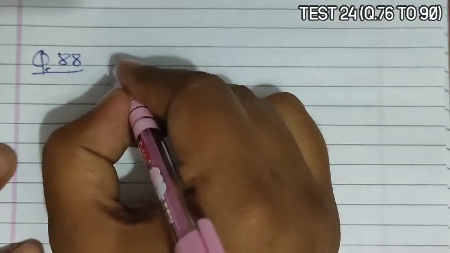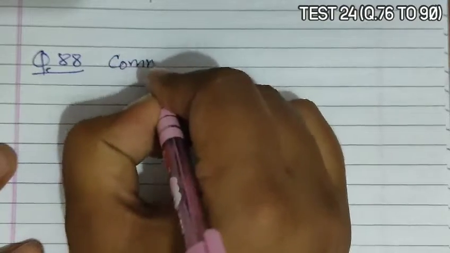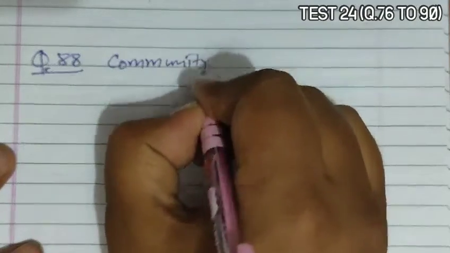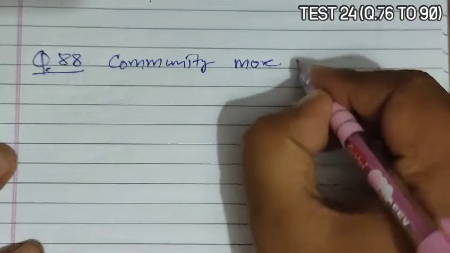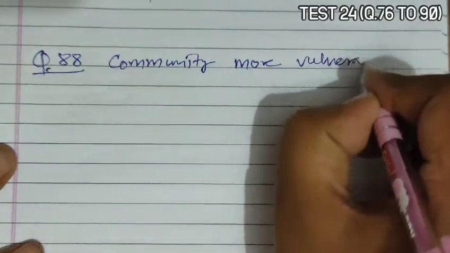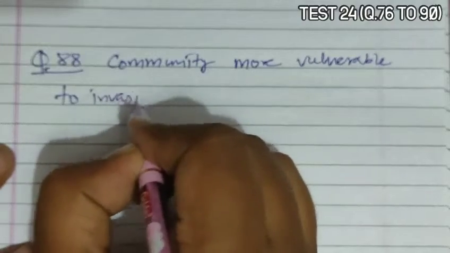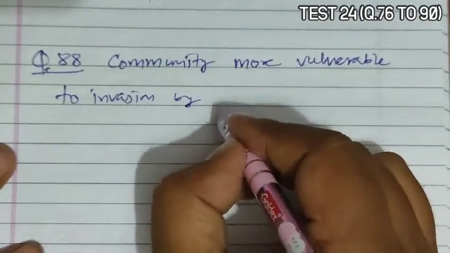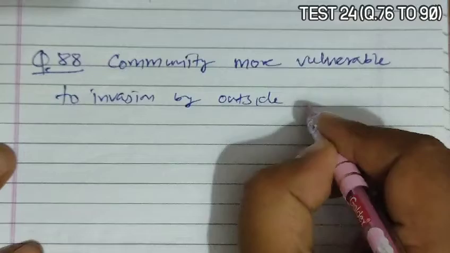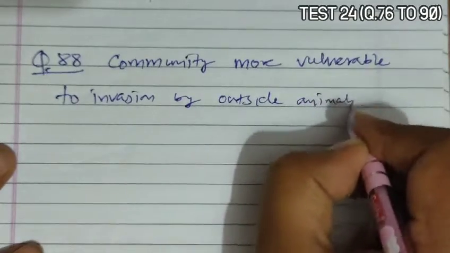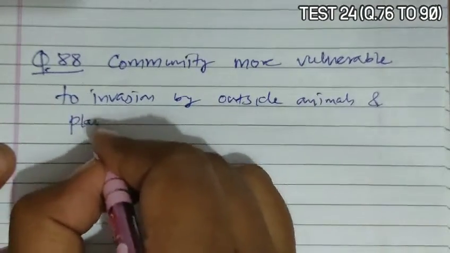Question 88 asks which of the following communities is more vulnerable to invasion by outside animals and plants.